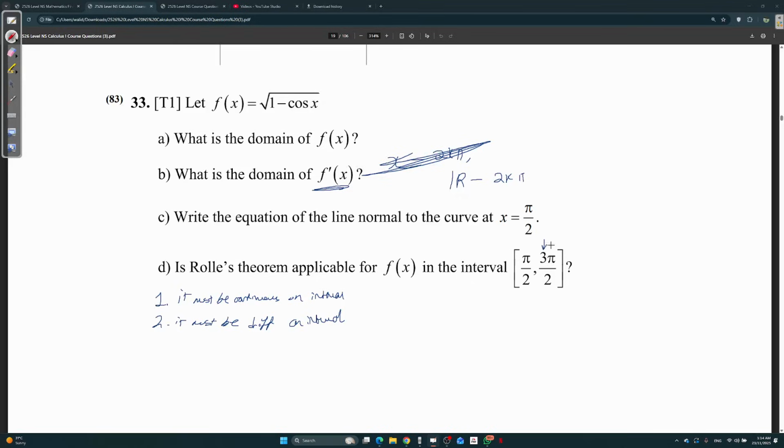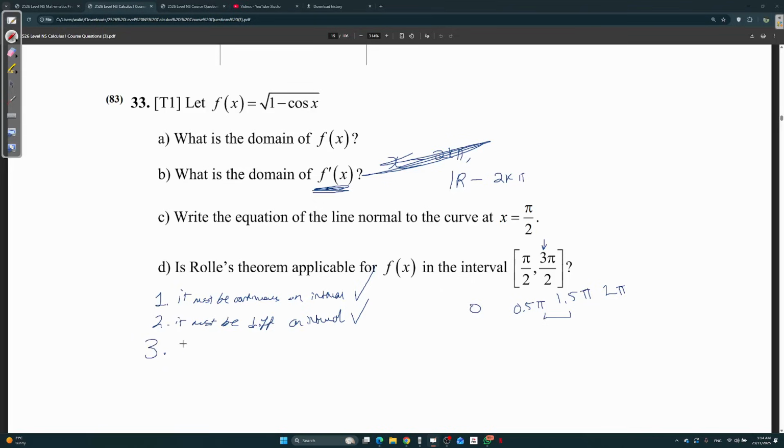Over here, do you see any 2k pi? Is there any 2 pi between pi over 2 and 3 pi over 2? Pi over 2 you can think of as 0.5 pi. 3 pi over 2 is 1.5 pi. Do you see a 0 or 2 pi in between this interval? No. So that's why f prime of x is going to be defined for all the points in this interval. So we say it's differentiable over that interval. It's continuous over that interval.